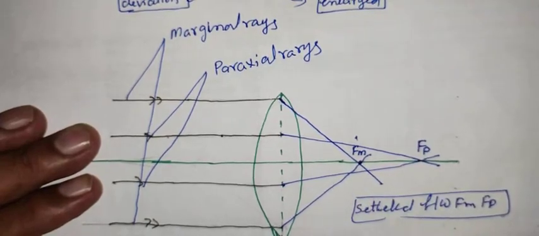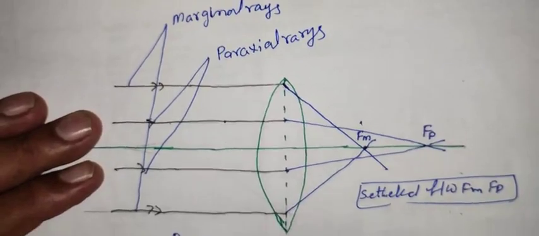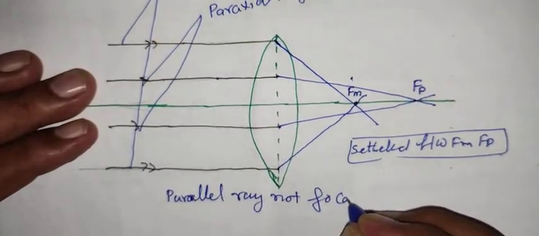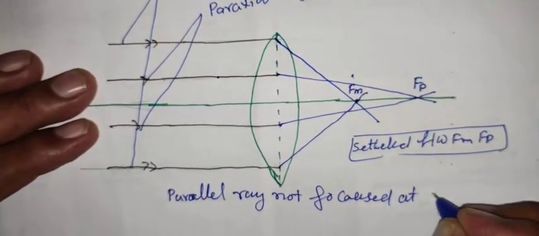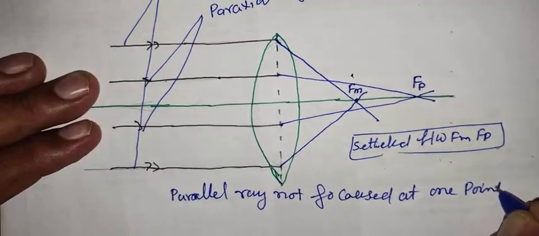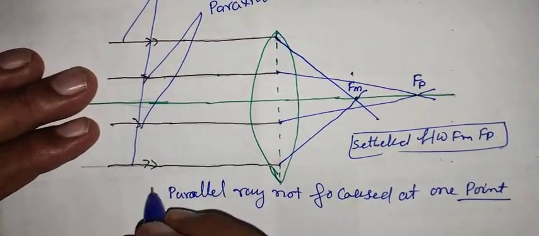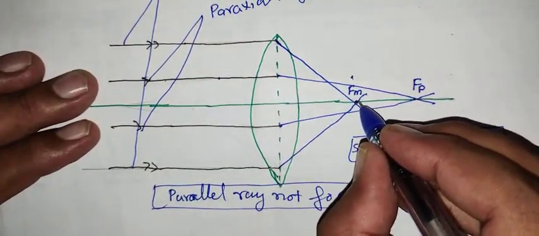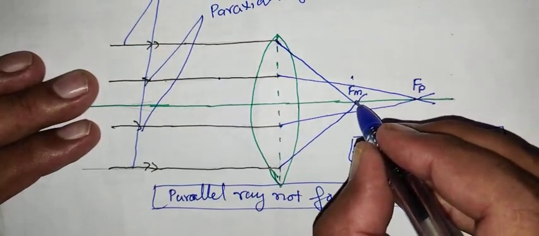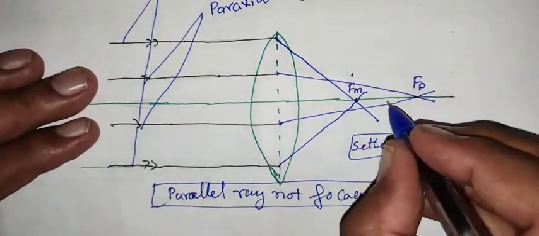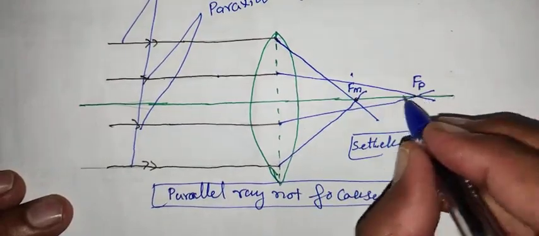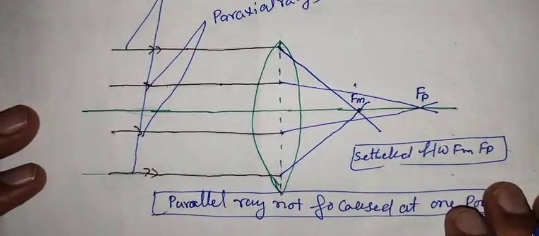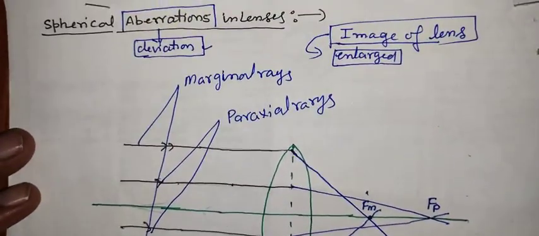We can say that the parallel rays are not focused at one point. In place of being focused at a single point, they settle in a range from FM to FP. That is why the defect in the image is obtained. This is called aberrations in the image of a lens.